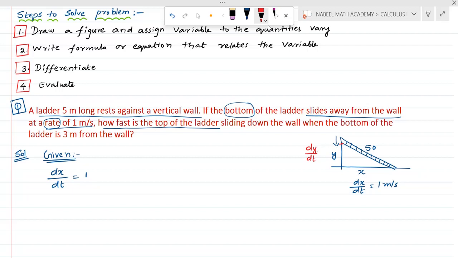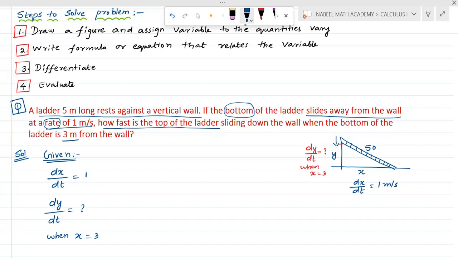Let us write it here. This is my dy over dt is a question mark when x equals 3 meters, which is given in the question.